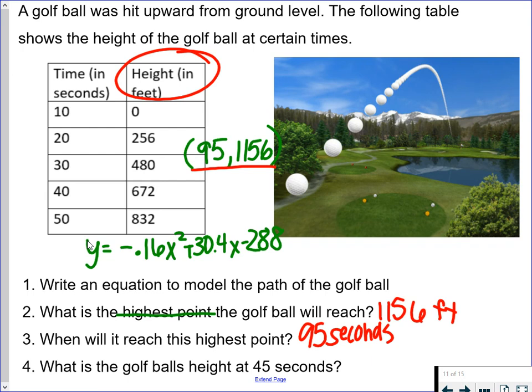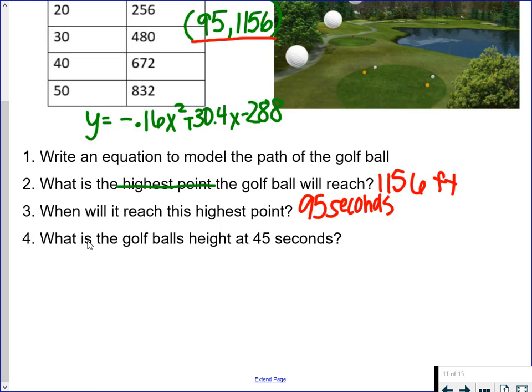Now if they turn around and say, well, what's the height of the ball at 45 seconds? What do we do? Plug in 45 seconds for X. Perfect. So I'm going to take this same equation and the normal place I plug things in, and everywhere I see an X, I'm just going to plug in 45.